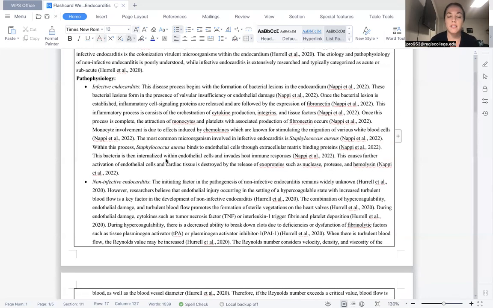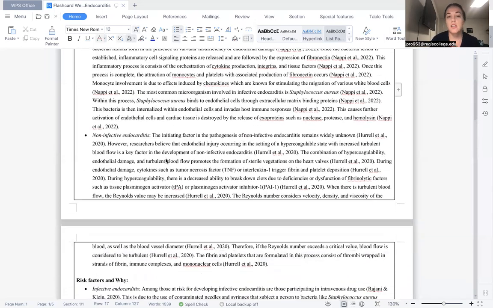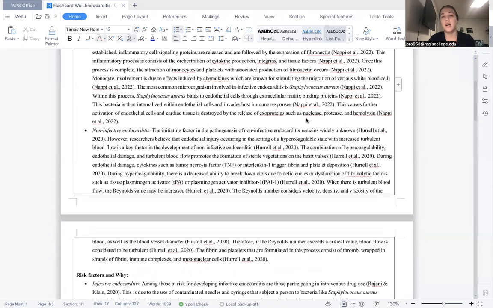In non-infective endocarditis, the initiating factor within that pathogenesis is still pretty widely unknown, but researchers do believe that an endothelial injury occurs in the setting of a hypercoagulable state and increased turbulent blood flow. Those are key factors in the development of non-infective endocarditis.